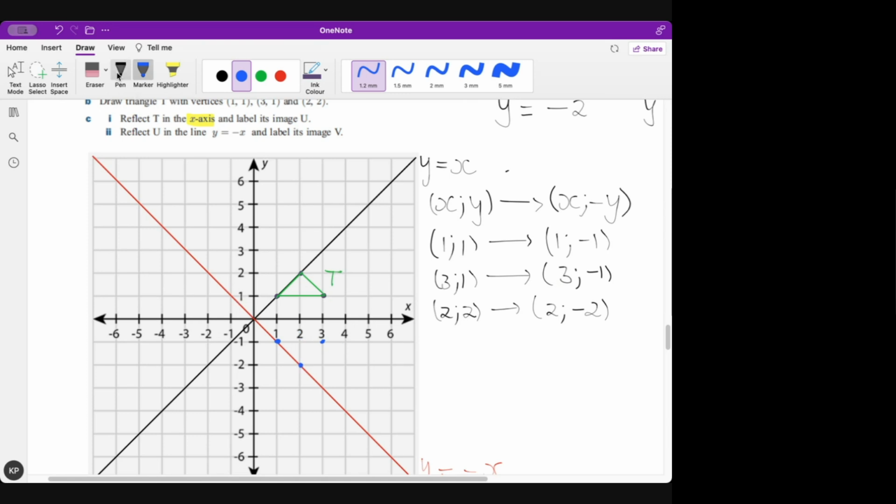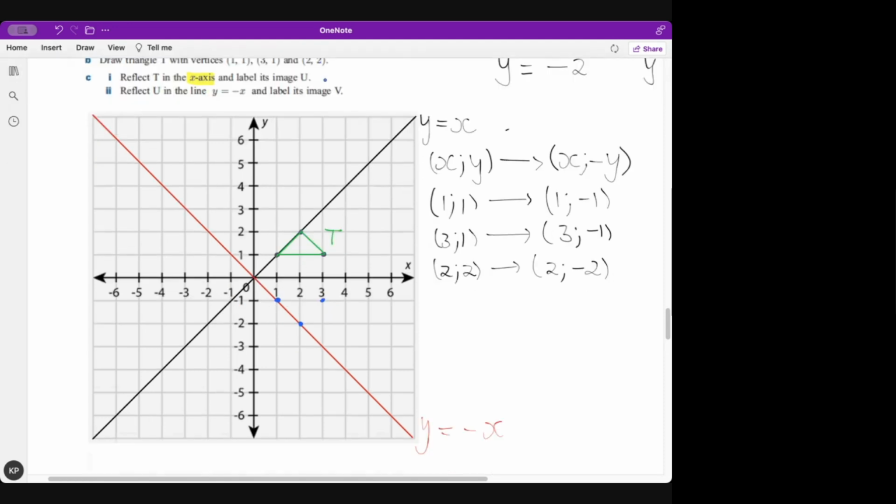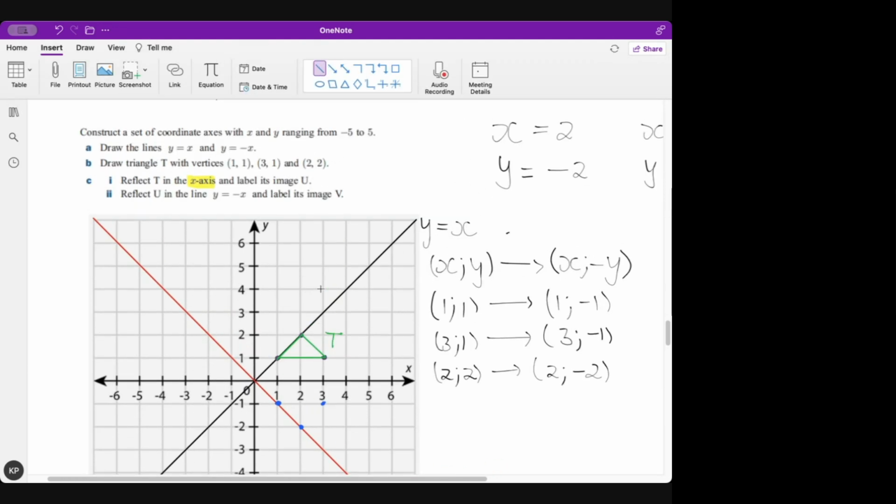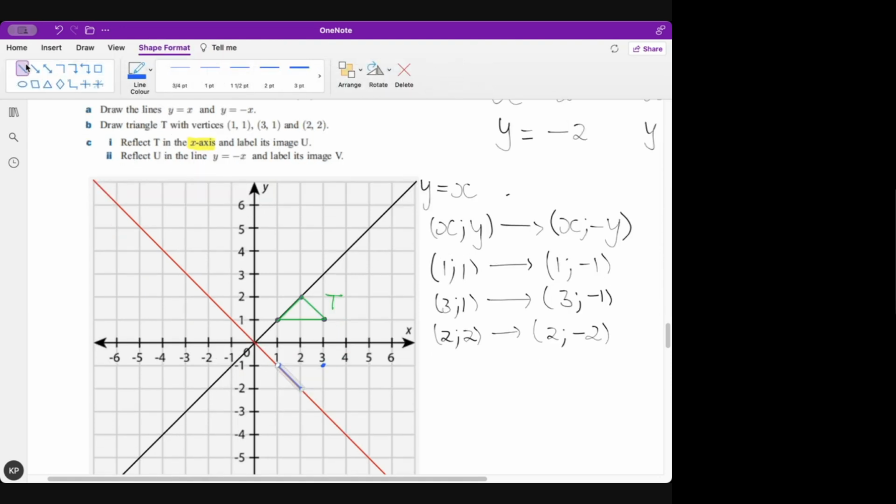So it's basically the upside down version reflected upon the, there we go. So it's there, over there, and over there.